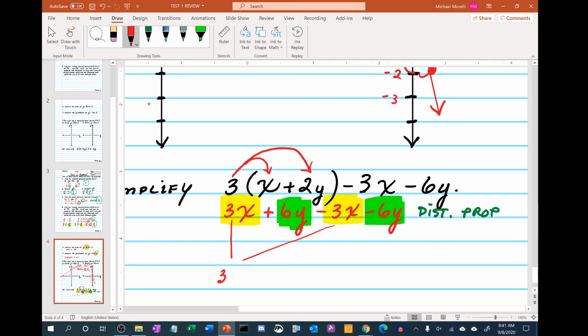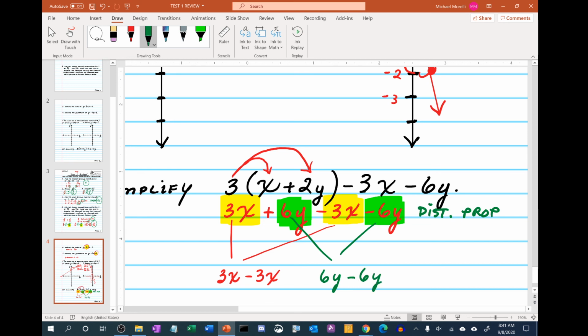I have 3x minus 3x, and then over here I've got 6y minus 6y.